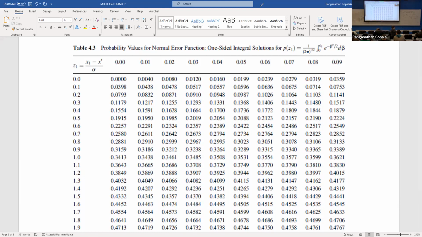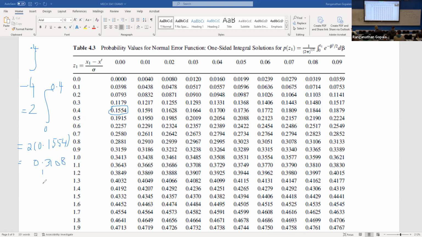So that is 2 multiplied by 0.1554, which is 0.3108.